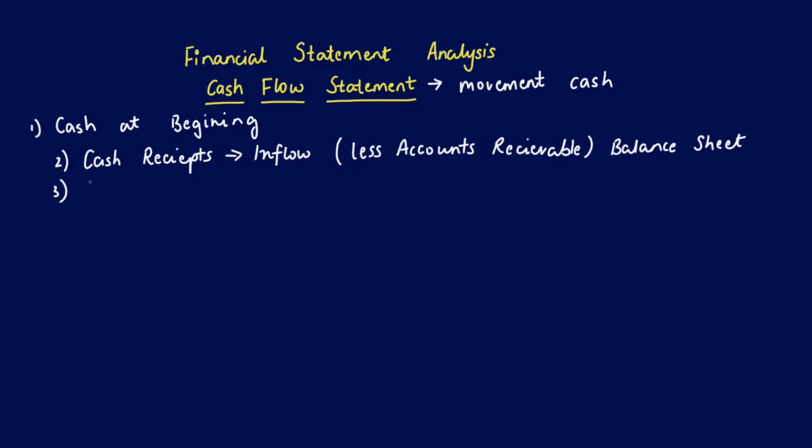The third data field that you have is something called cash disbursements. This is the exact opposite of a cash receipt. This is where you have the outflow of cash. So your cash leaves your hand, so to speak. This happens when you pay for any expenses or if you've got money going out for a certain specific reason. So this is basically the outflow of cash.